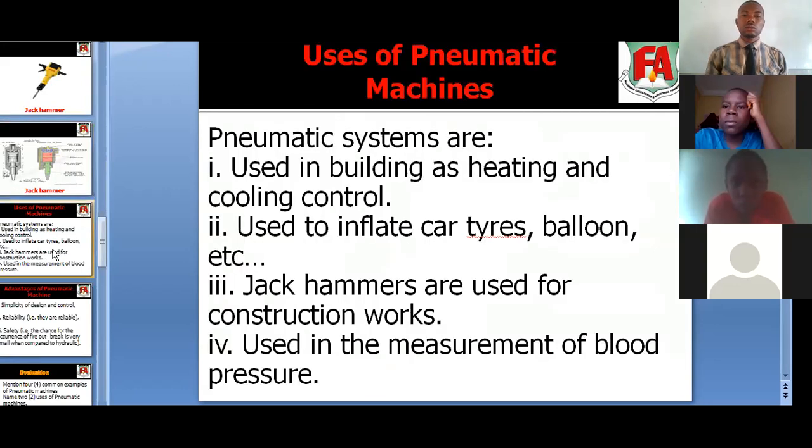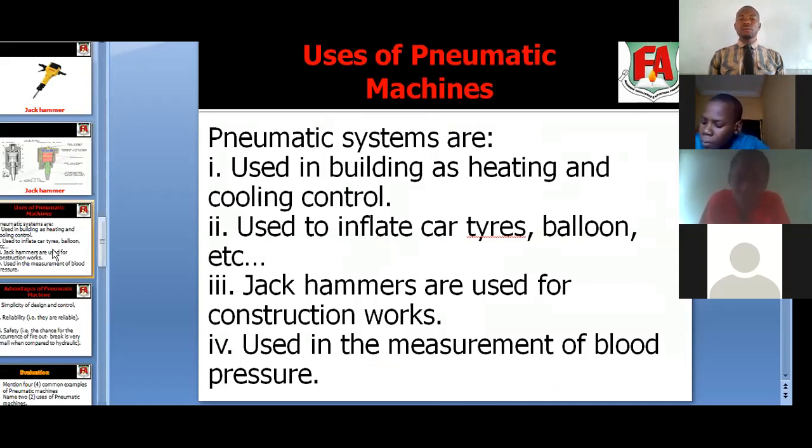Okay, uses of pneumatic machines. What are the uses of pneumatic machines? One, they are used in buildings as heating and cooling control.